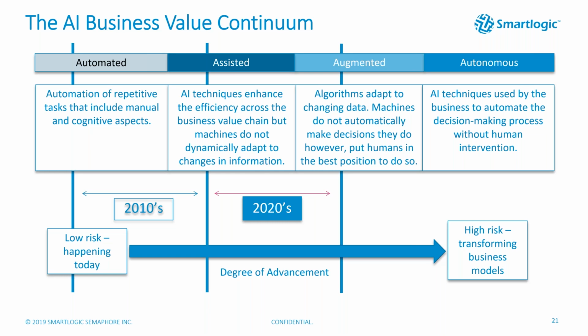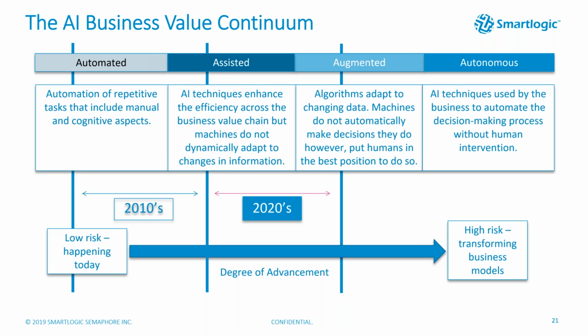But equally, we've been automating repetitive tasks, including manual and cognitive aspects, basically in the last decade. And in the next decade to come, I think we'll be doing assisted and augmented intelligence, where it's helping the business value chain, but the machines are not dynamically adapting to changes in information, that's the assisted side.